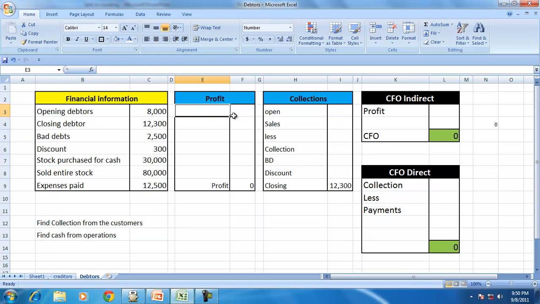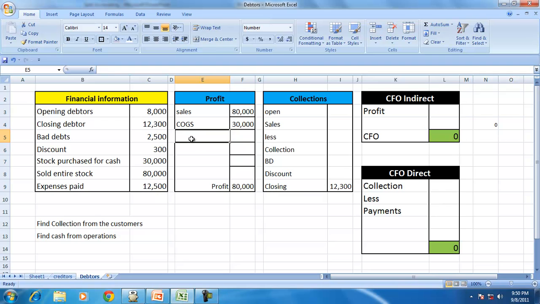Profit for the period is the sales, which is given, 80,000, less the COGS. The entire purchases are sold, so the entire purchases become the cost of the goods sold.